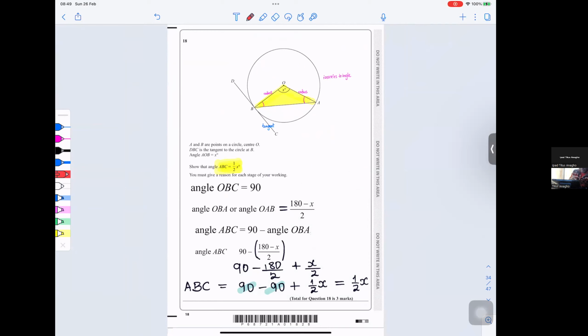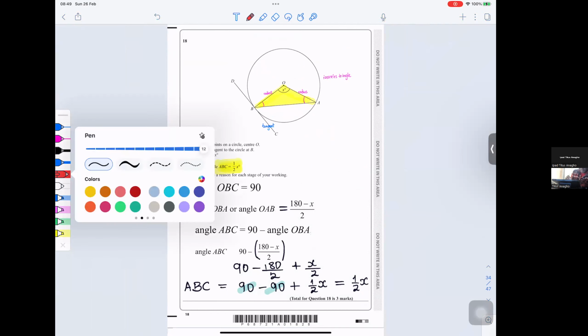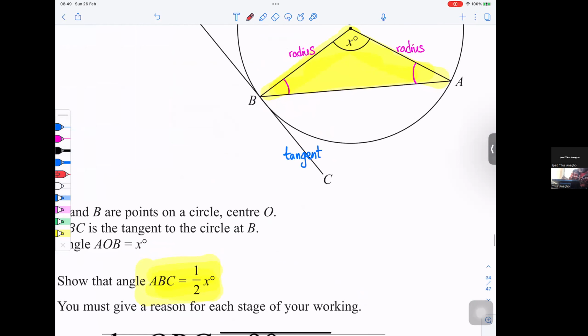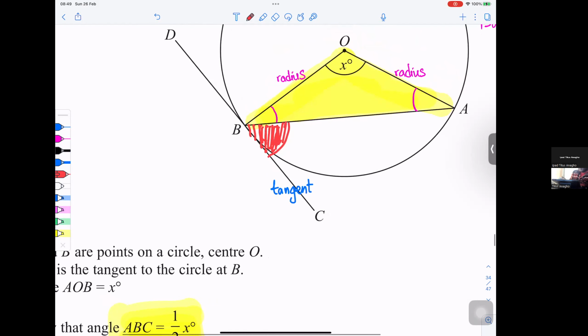I'll shade the angle we want, ABC, in red.